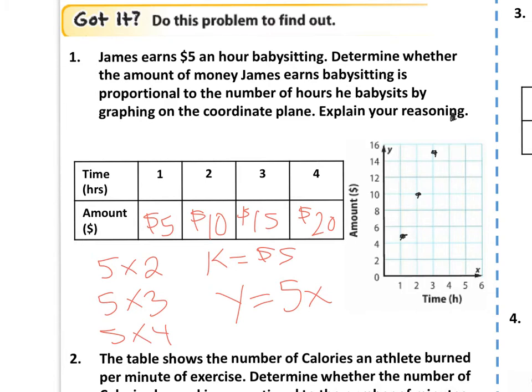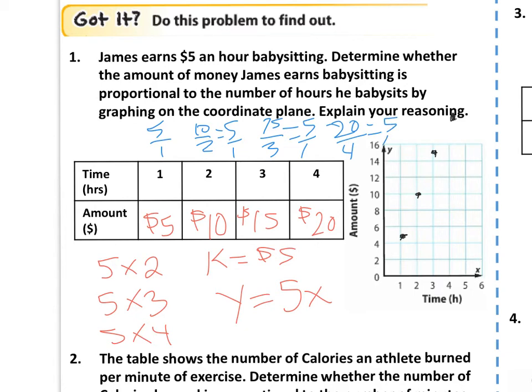And I realized that because it does have a constant rate of 5 to 1, because I know that 10 over 2 reduces to 5 to 1, and then we have 15 to 3, which also reduces to 5 to 1, and of course 20 over 4 reduces to 5 to 1.